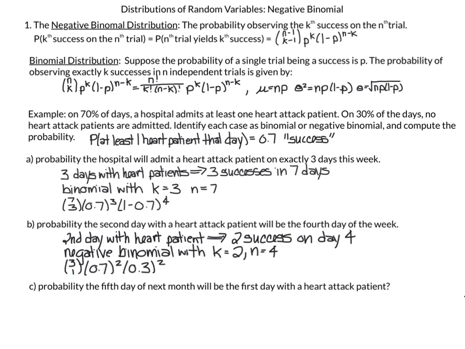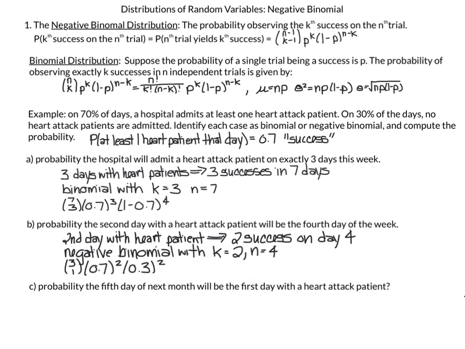Finally, we have the probability the 5th day of next month will be the 1st day with a heart attack patient. Again, I would pause this video and give it a try. And just think, when we're counting the number of days, start from the 1st day of the month. So pause the video, give it some thought, come back.